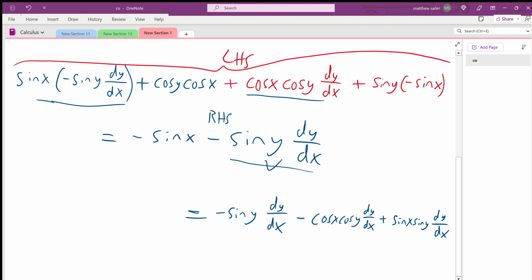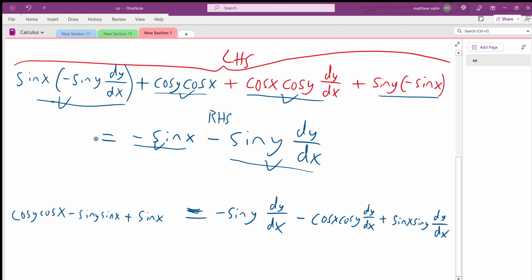Alright, so we're done with that one, and that one. And what's left, we put on the left-hand side. What's already on the left-hand side is this cosine y cosine x, and this negative sine y sine x, and we have to move this to the other side. So this negative is going to become a positive, and we're going to have sine of x.